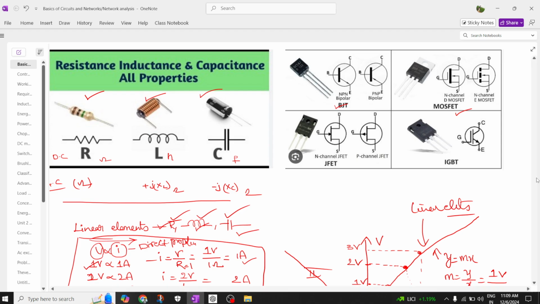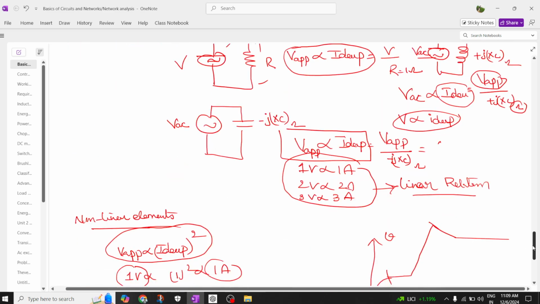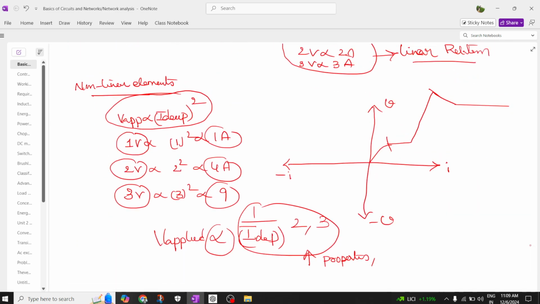They want non-linear characteristics. So as soon as you apply the voltage, it will not turn on. For example, in the dead zone, even if you apply the voltage, current is 0 here. When it comes to the cut-in region, the current will drastically increase, because it has crossed the cut-in voltage. So now current rises.